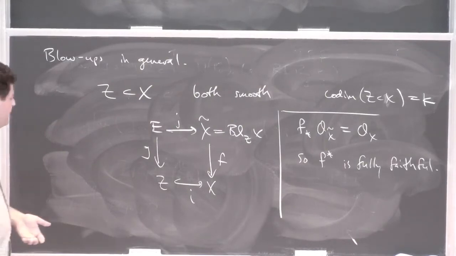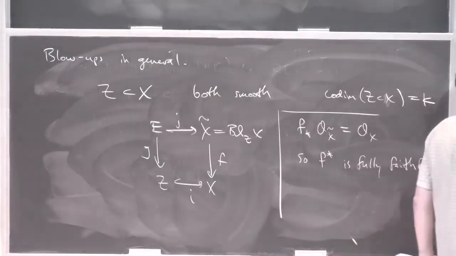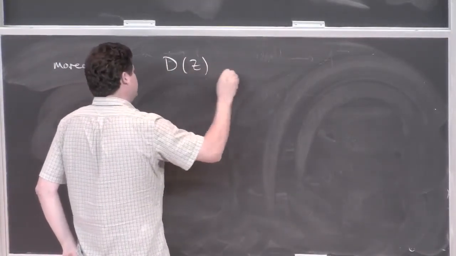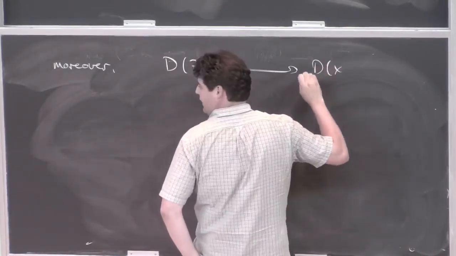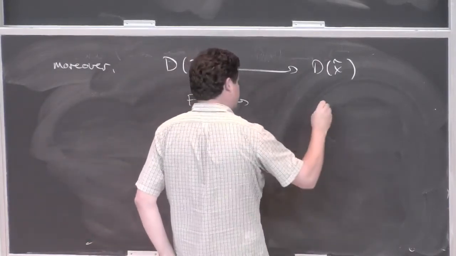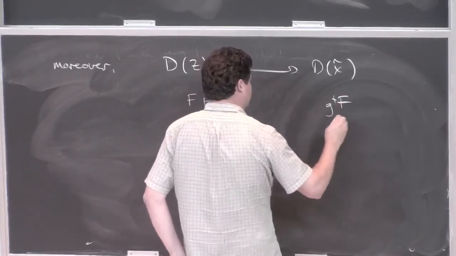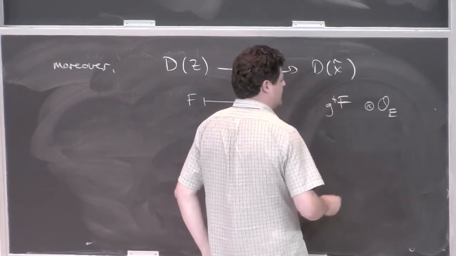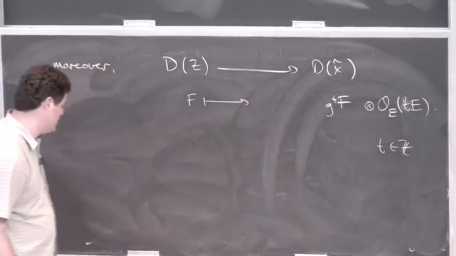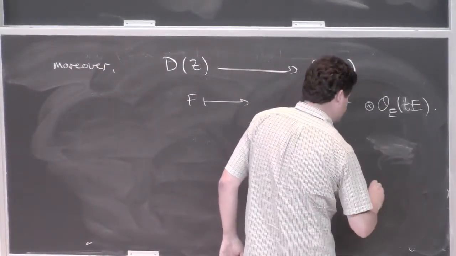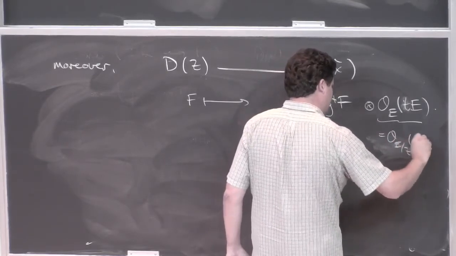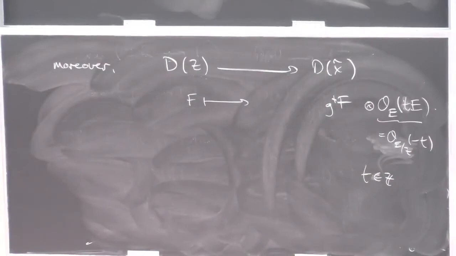And then we had something that was supported on the exceptional divisor. So moreover, the functor from D of Z to D of X tilde, given by, say, F goes to, I'm going to pull it up, I'm going to tensor it with O_E of T E for some integer T, which is O of E over Z of minus T. Because remember this G is a P^(K-1) bundle.